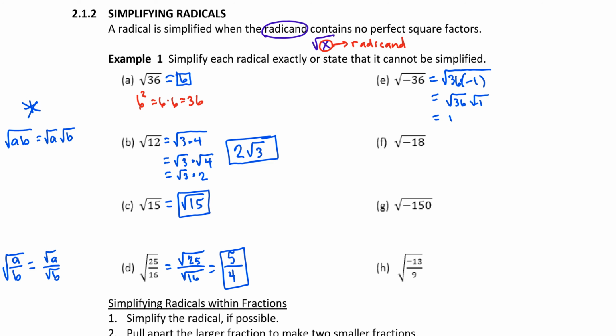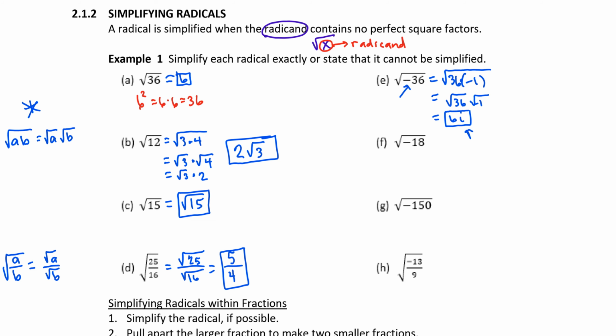The square root of 36 is 6, and remember we defined the imaginary unit i to represent the square root of negative 1. So the square root of negative 36 is 6i. Anytime we have a negative under a radical, we're going to end up with an i in simplifying that radical.